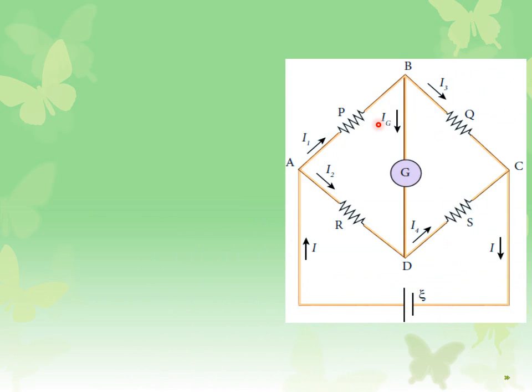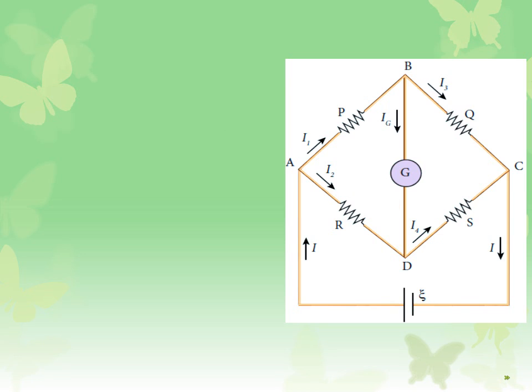This is the Wheatstone bridge connection. P, Q and R, S are resistances. A and C are connected with the positive and negative terminals of the battery with an EMF, and current I1 to P and I2 to R, I3 to Q and I4 to S.